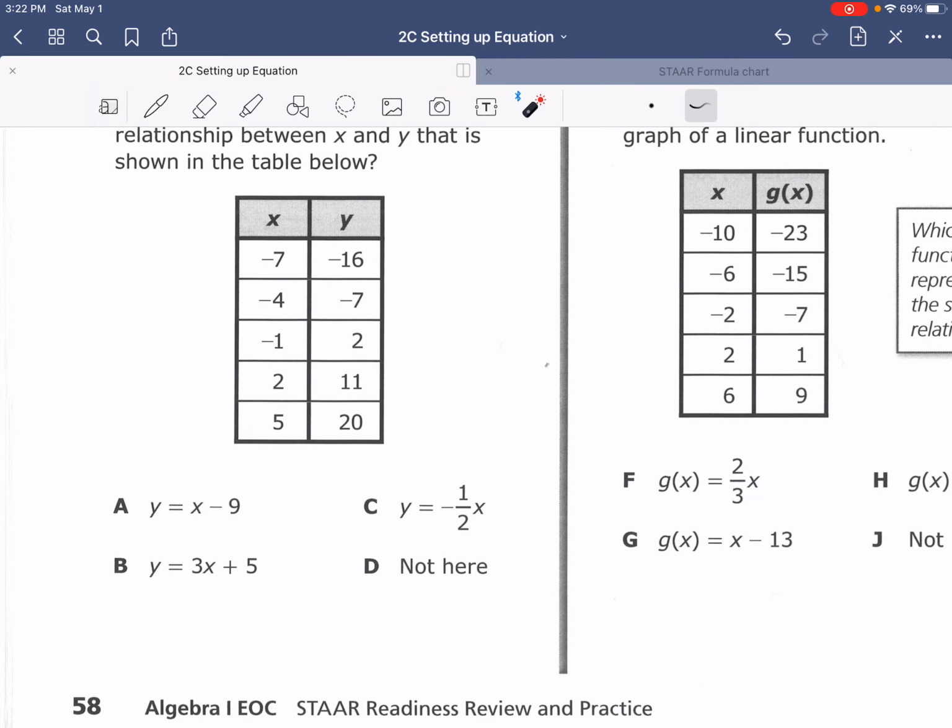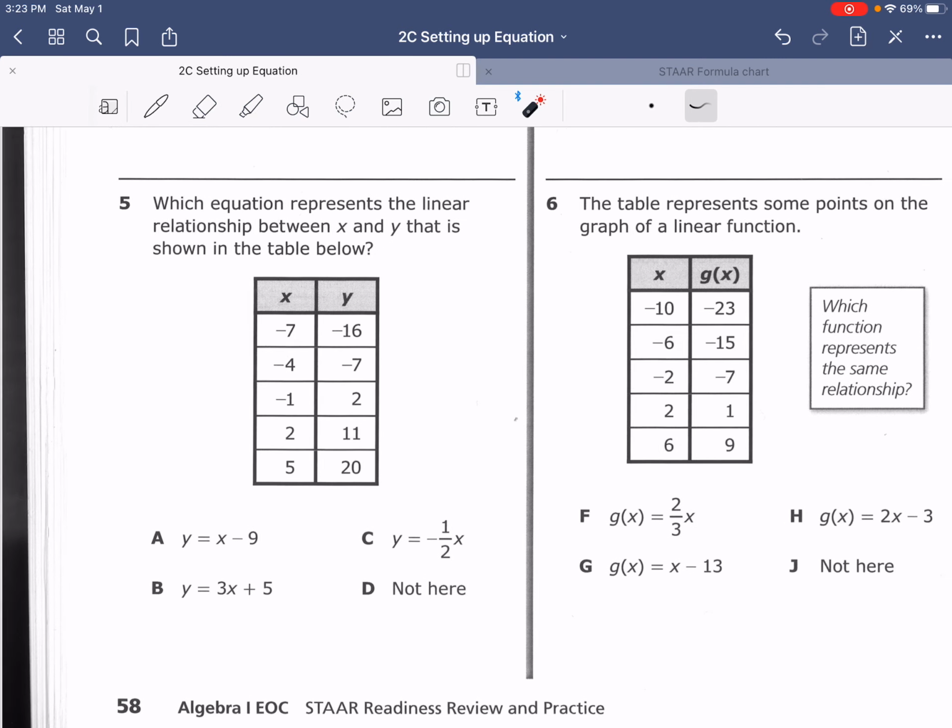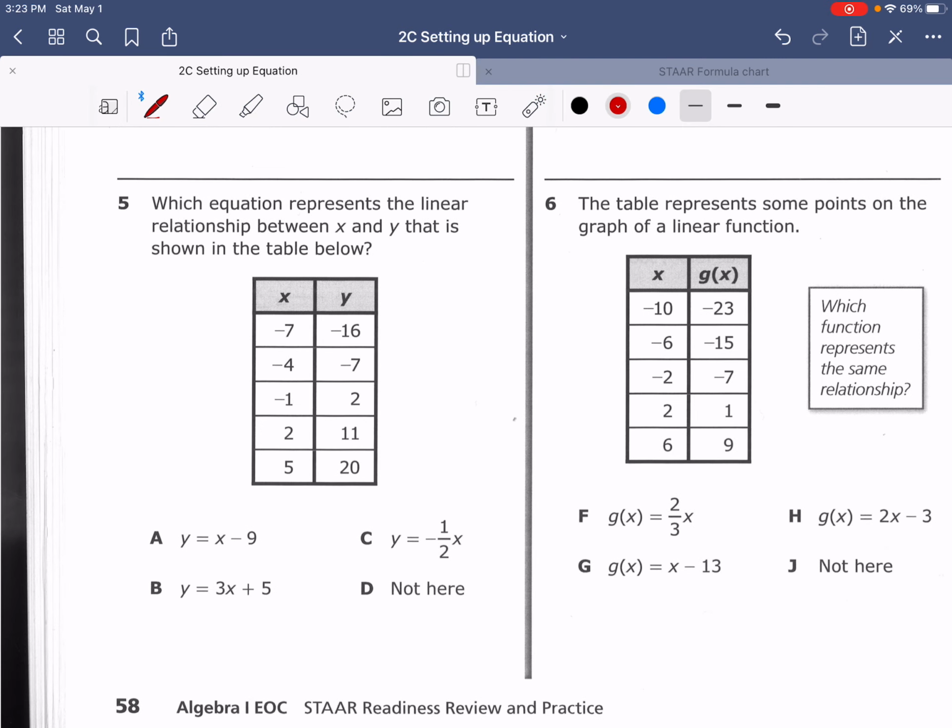So let's do the traditional method first. We're going to find the slope first. This is x1, x2, y1, y2. So slope is negative 7 minus negative 16 over negative 4 minus negative 7.